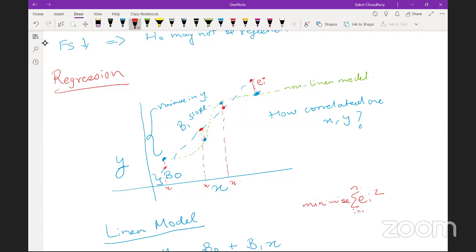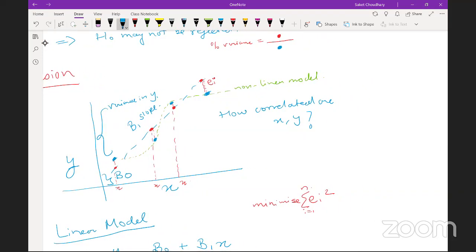So percent variance explained is how much variance is explained by the red dots, after accounting for how much variance there is in the blue dots. As simple as that. A good model will essentially be able to explain all the variance, and you can see when that will happen. That will happen if all the points lie perfectly along the line.